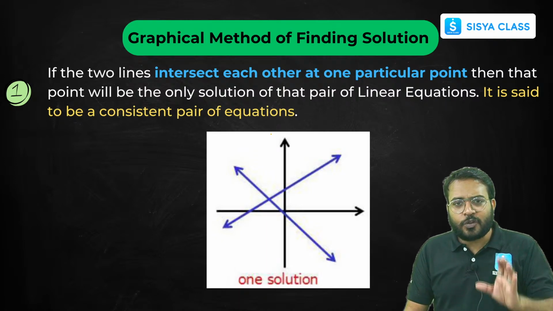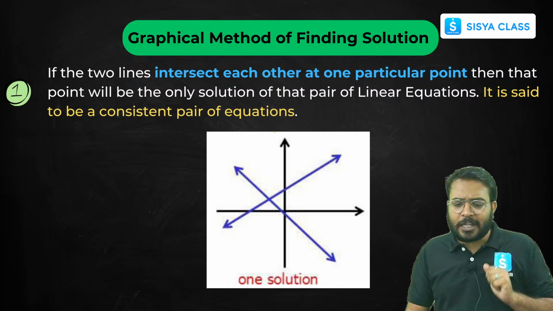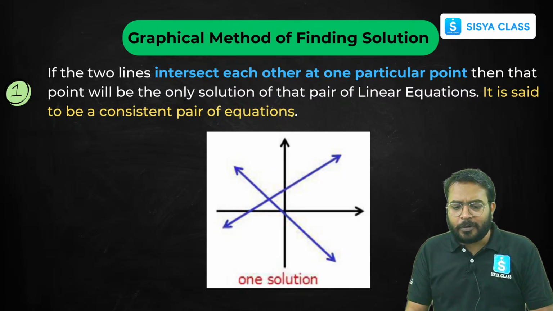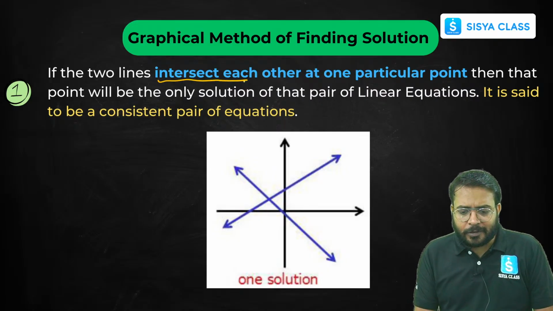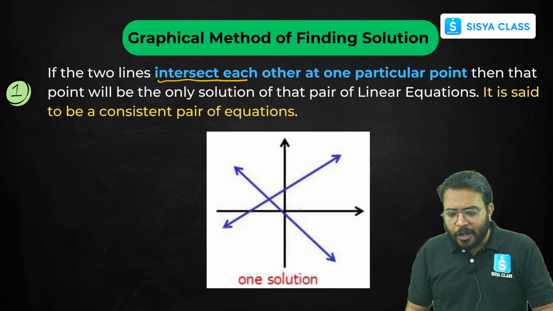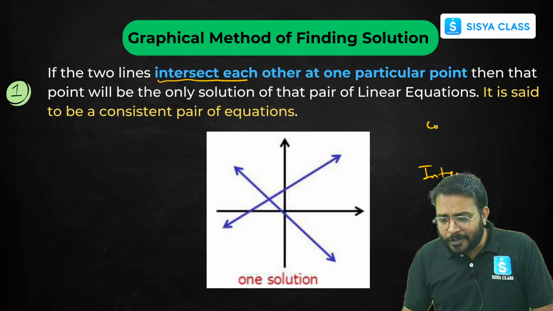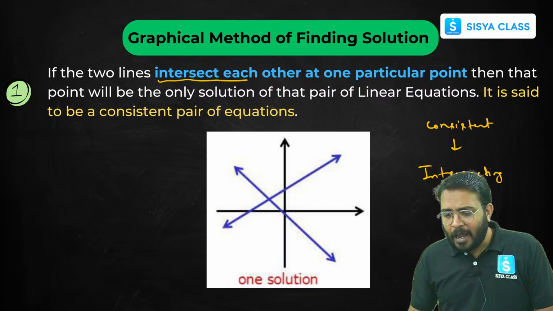Understood my point? So if two lines are given and you draw these two lines on your graph paper and they are intersecting each other, then you will say that these are intersecting lines with a unique solution. First, you will say that they are consistent, and in consistent they are intersecting lines, and that's why they have a unique solution.